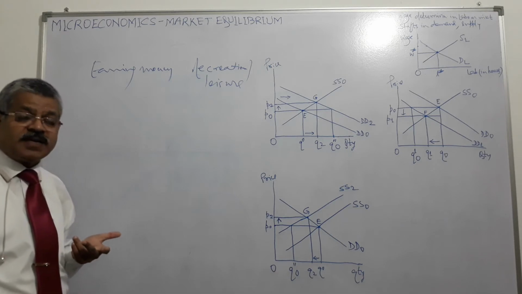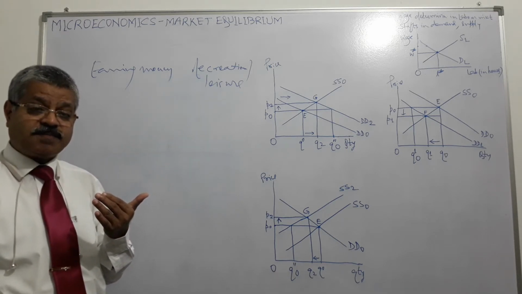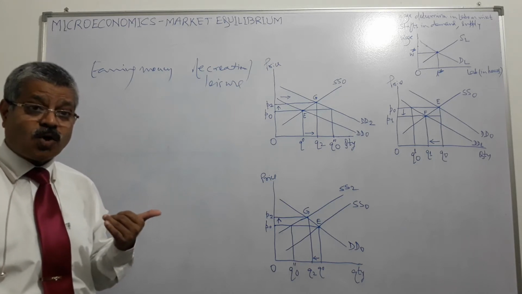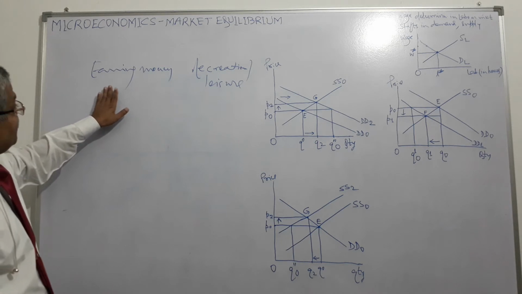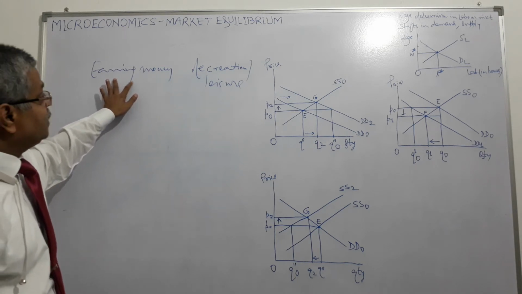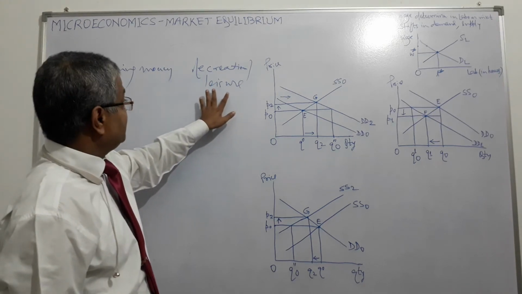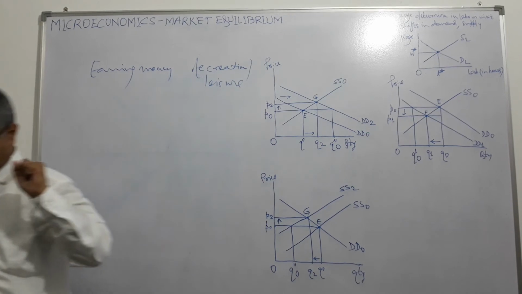But another person at a high wage rate, when the wage rate is increased, may not be willing to offer many more hours. So at a low wage rate, there will be more preference for earning more money. At a higher wage rate, there will be more preference for recreation or leisure, right?